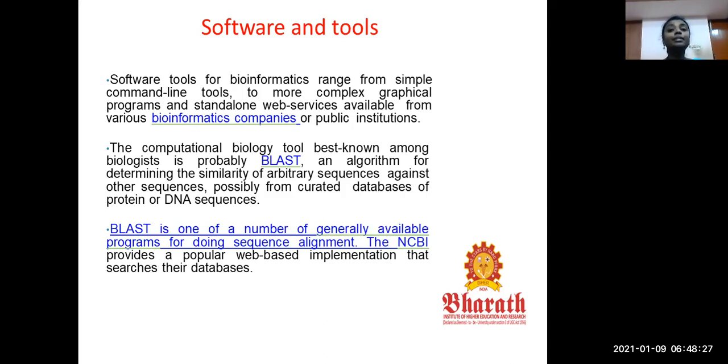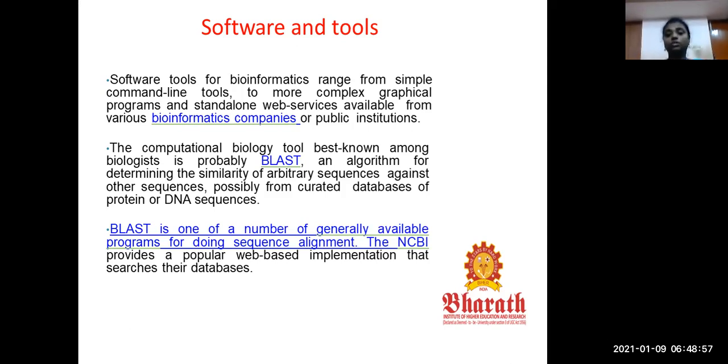So we are able to compare sequences of DNA, RNA and protein. So it is much needed software here. It works against curated databases of protein or DNA sequences. So they already have a set of identified databases. Whenever they need to identify a new protein sequence or DNA sequence, they are able to compare these two data.